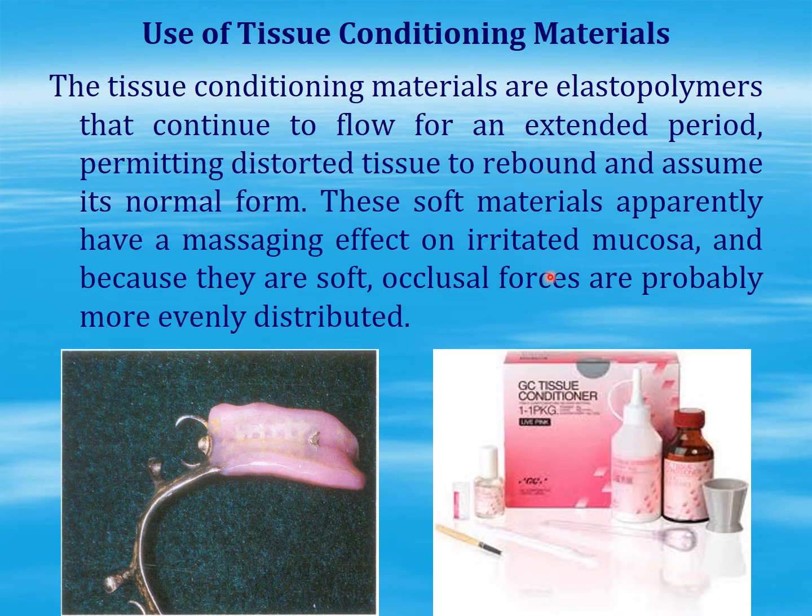These materials apparently have a massaging effect on irritated mucosa, and because they are soft, occlusal forces are probably more evenly distributed. So it's because of the irritated mucosa that we can get it done.